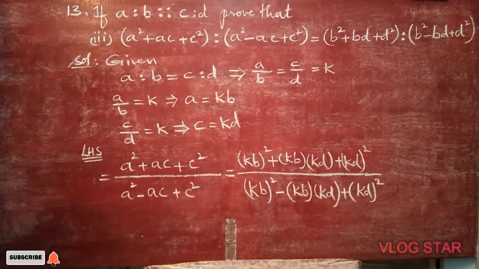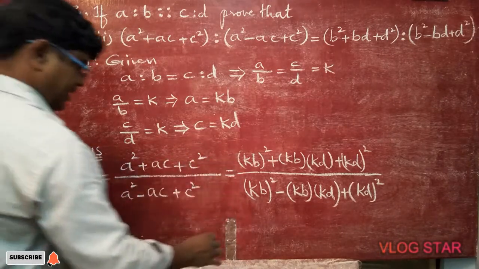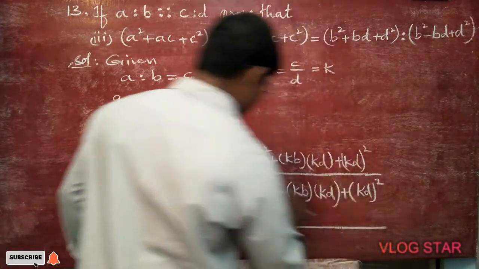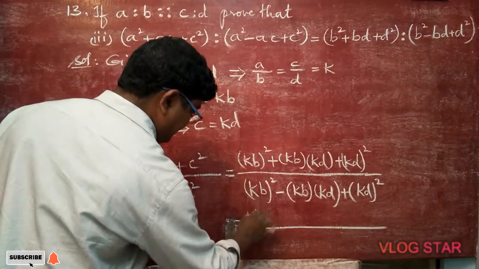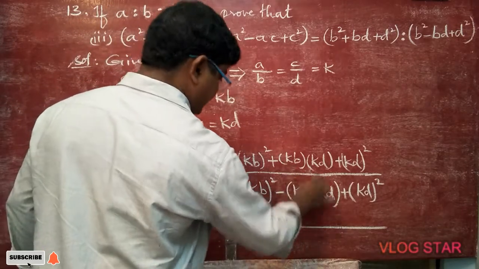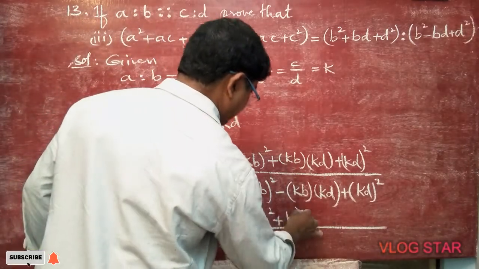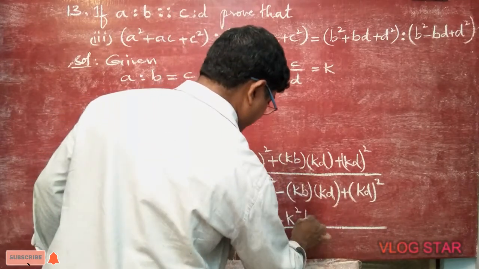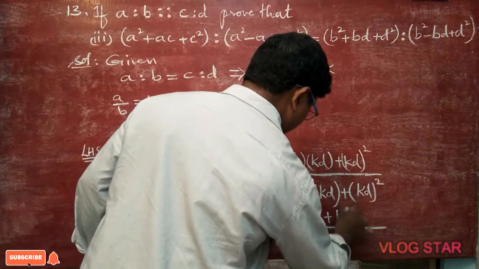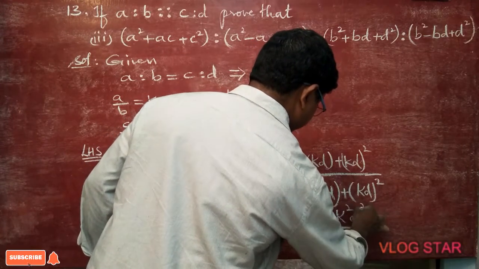Now simplify. It is equal to K square B square plus K into K, K square, B into D, BD, plus K square D square.